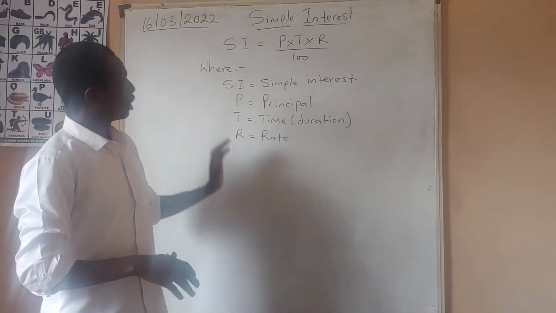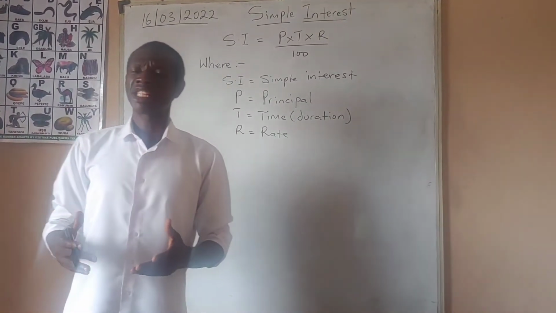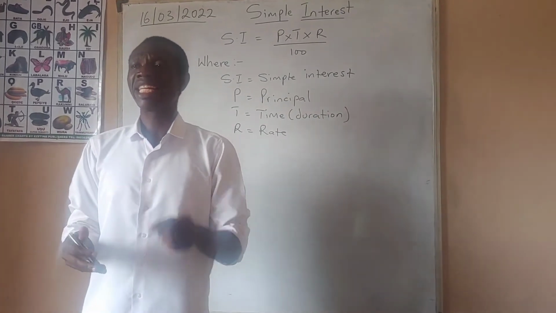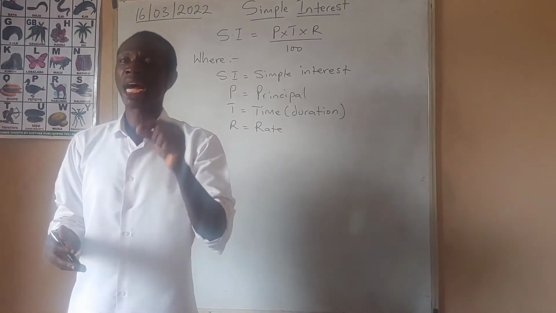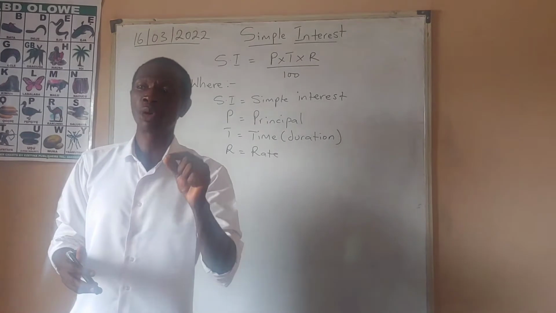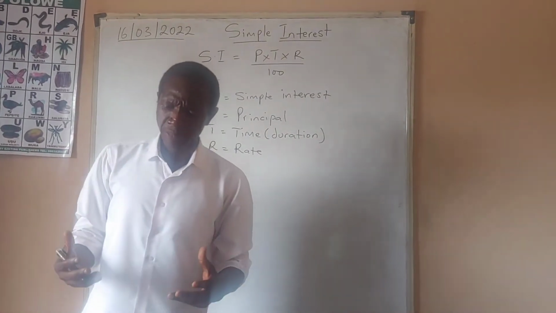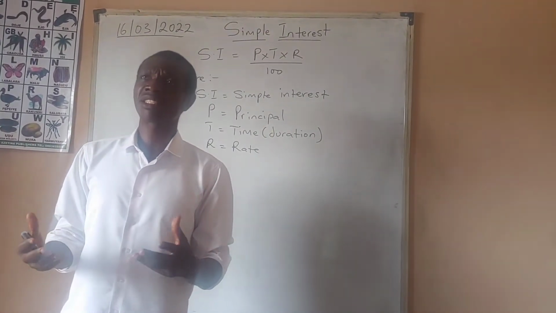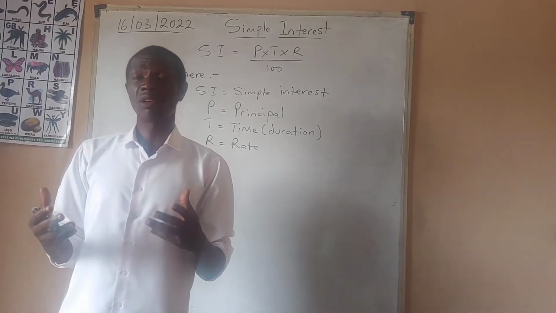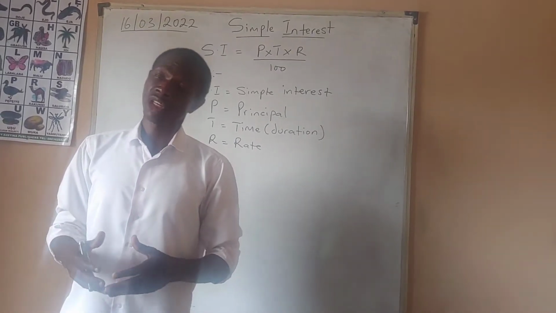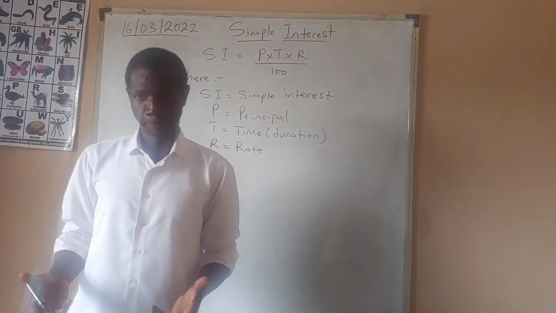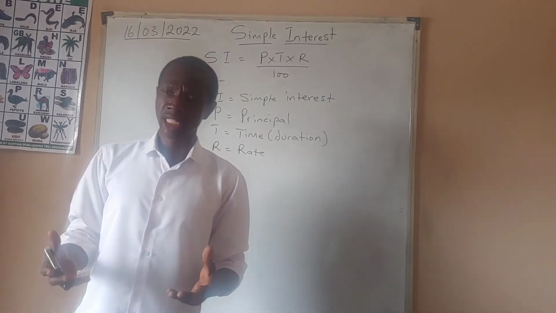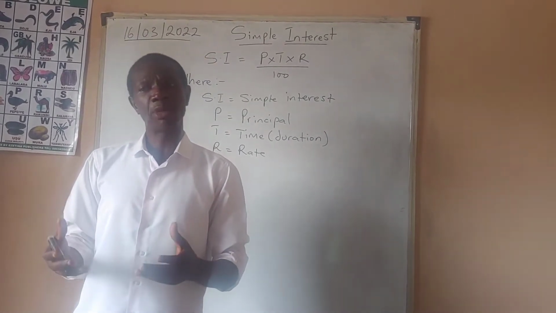What is simple interest? Simple interest is a way of calculating the interest that will be charged on an amount of money that is borrowed. You see, all these banks and organized financial institutions, people go there to borrow money. And when they borrow money, they don't just pay the amount they borrow.